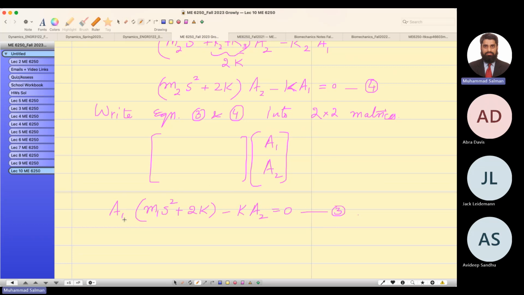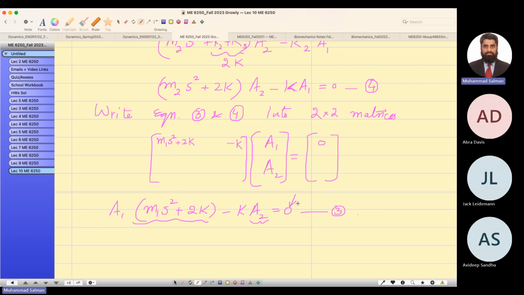Can I write down like this? This is the coefficient of A1, which will be written like M1 s squared plus 2k. The coefficient of A2 would be written minus k. Agreed? The right hand side is 0. So the first equation, I have written into a matrix.